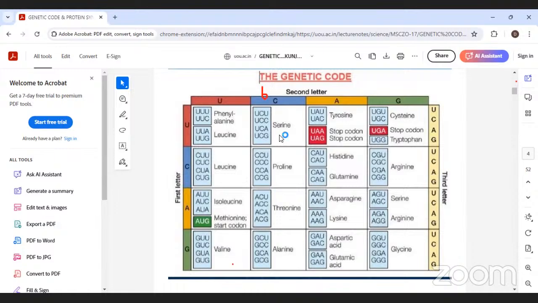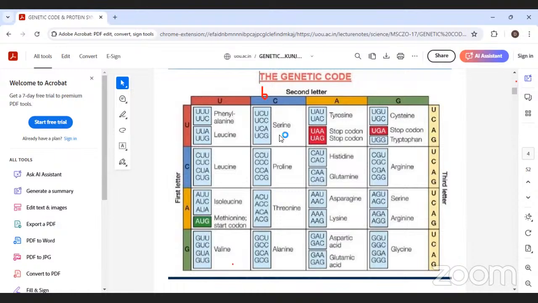These three codons are called stop codons, or another name, nonsense codons.